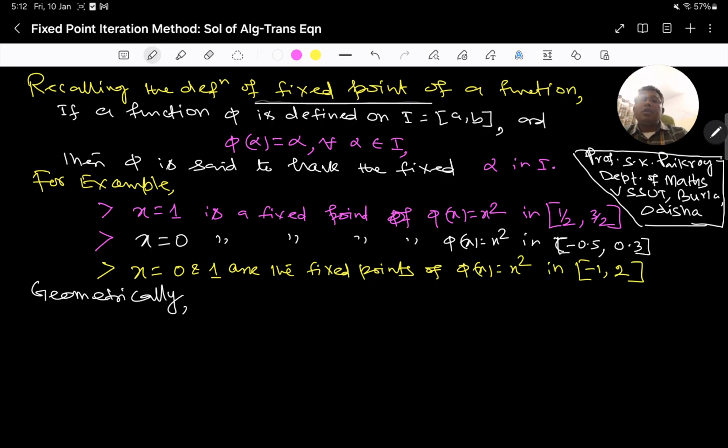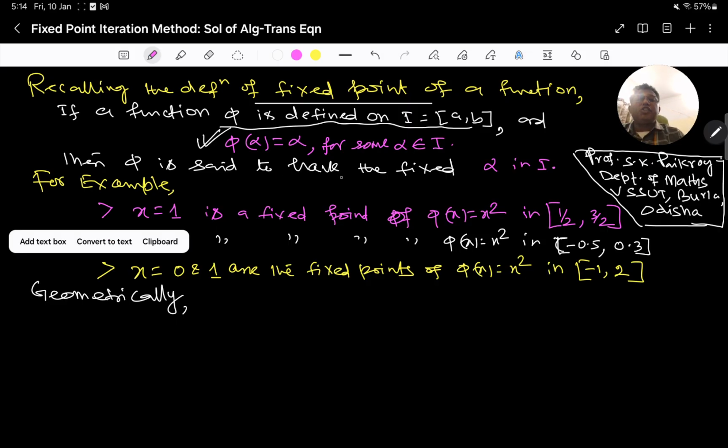What is a fixed point? If a function phi is defined on a closed interval AB, and if it satisfies phi of alpha is equal to alpha, not for all alpha, but for some alpha in I, then phi is said to have a fixed point.